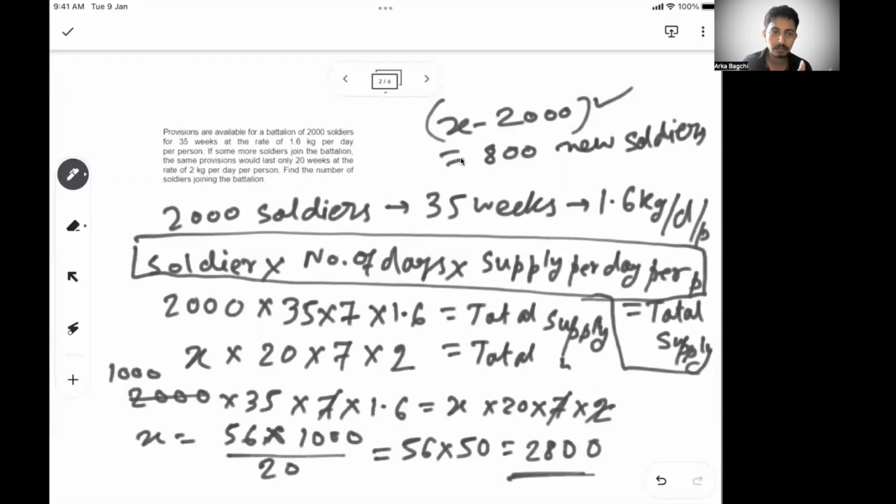In the second instance, you don't know the number of soldiers, so we assumed it is X. Then we equate the two equations and get the solution X equal to 2800. That means the number of soldiers who joined is 2800 minus 2000, which is 800. So 2000 was there earlier, and now 800 new soldiers have joined.